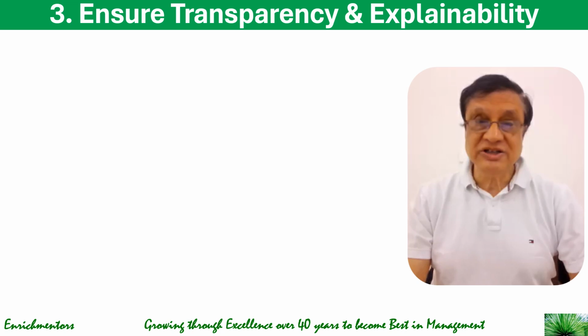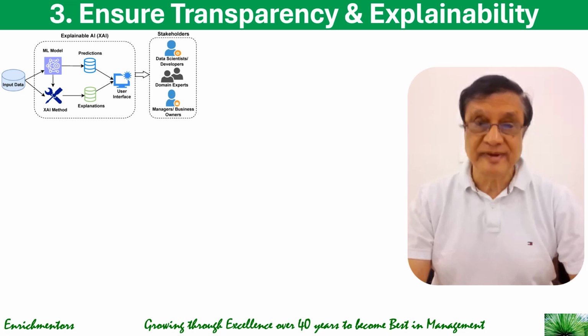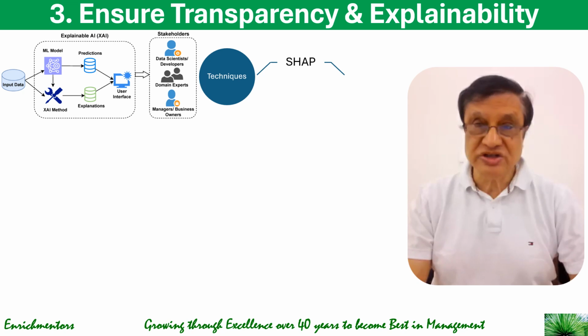Then you need to ensure transparency and explainability in the work that you're doing. So to do that, you can use explainable AI, where you can implement techniques like SHAP, Shapley additive explanations, and LIME, local interpretable model-agnostic explanations, to show how models make decisions, right?